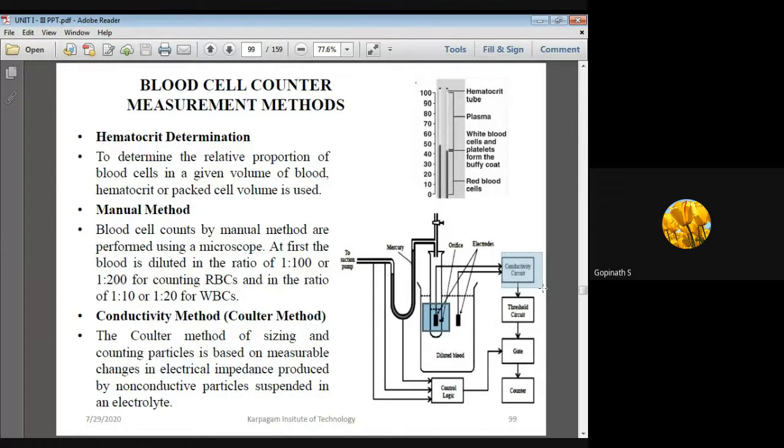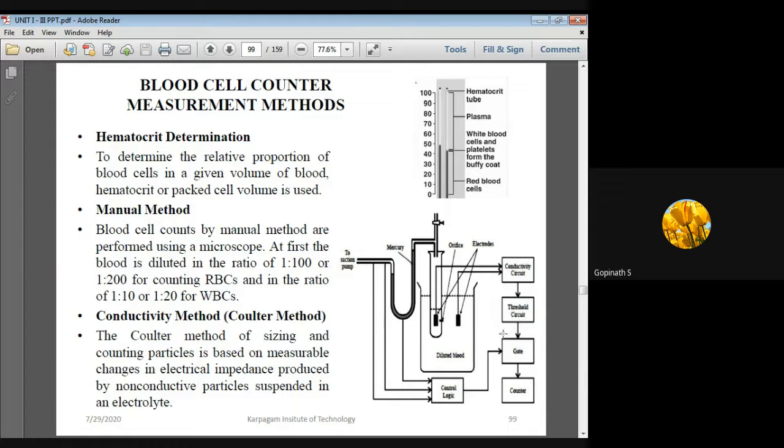Now it will be given to the threshold circuit. This threshold circuit allows only pulses of a certain amplitude value. Based on this conductivity, the threshold will allow only a limited number of pulses, not all of them.